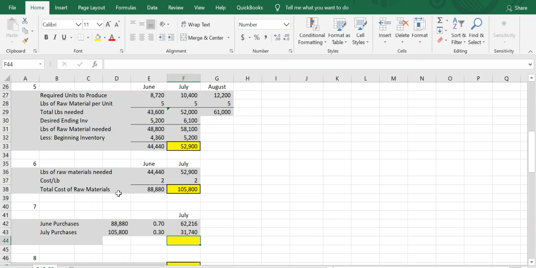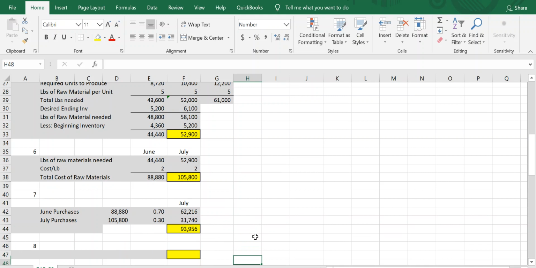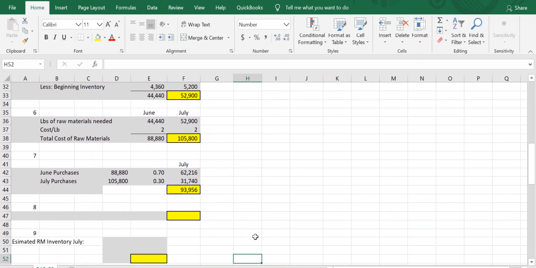So we have a total between the two of 93,956. Okay, that's the answer to number 7. That's how we calculate it. We go through and calculate those purchases based on the projected payments. That's our actual cash outflow for this.